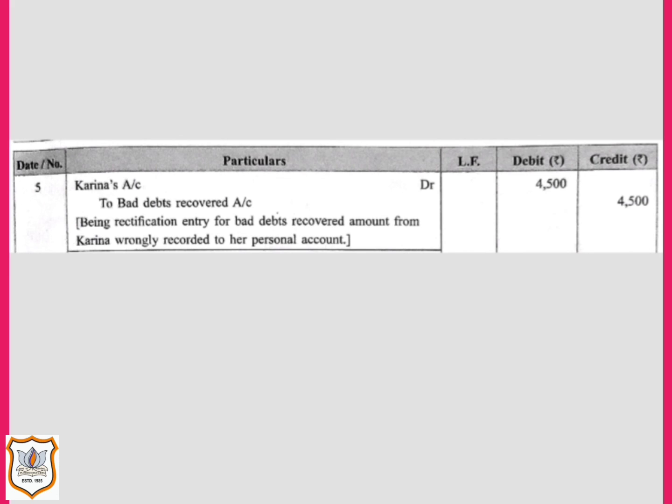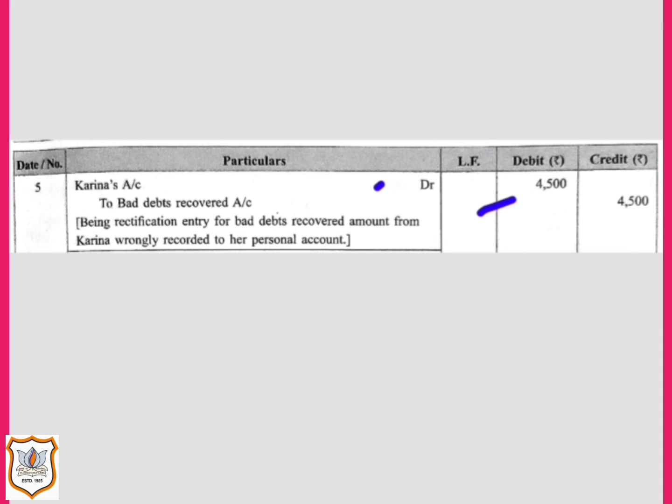So we will write Karina's account debit, the amount is 4,500, and as bad debts recovered is income for the business, as per nominal account it should have been credited. So according to the principle do what is correct, we will credit bad debts recovered account by rupees 4,500. So our rectifying entry would be Karina's account debit to bad debts recovered account.